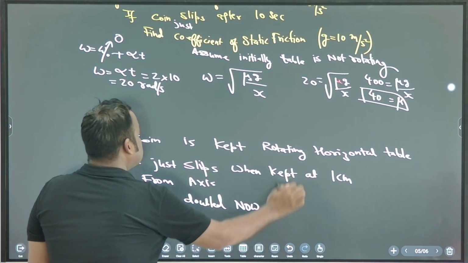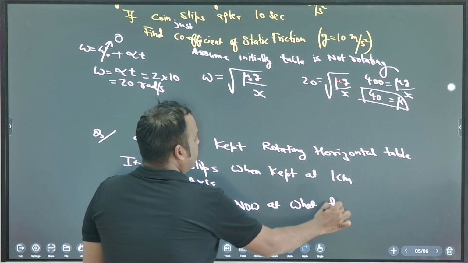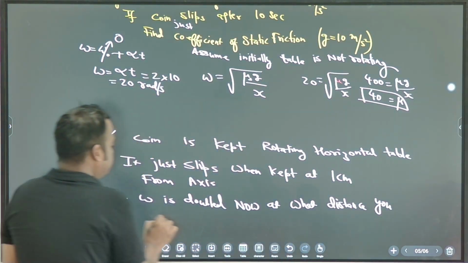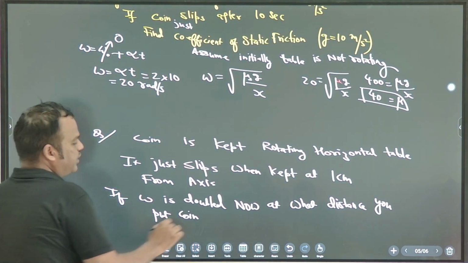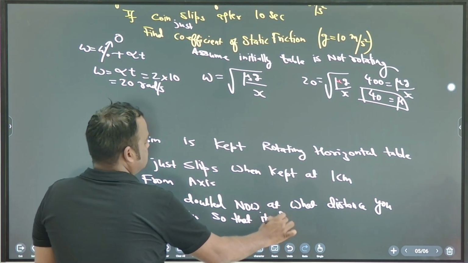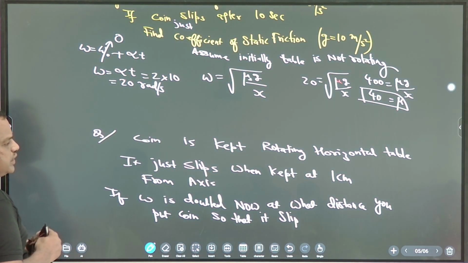Now at what distance do you put the coin so that it slips?